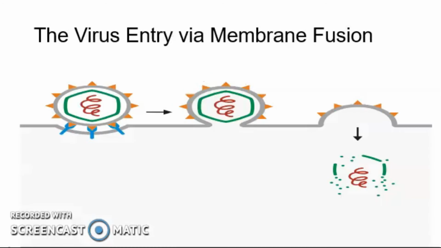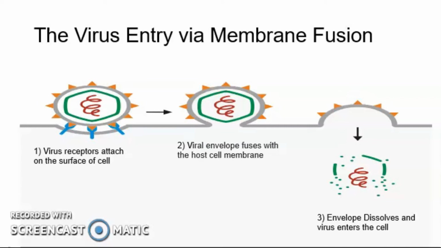So this is the virus entry with membrane fusion, in which we have provided the visuals, and then we provide the written text. It thus follows the spatial contiguity principle, however, the visuals and the corresponding steps are not presented at the same time.